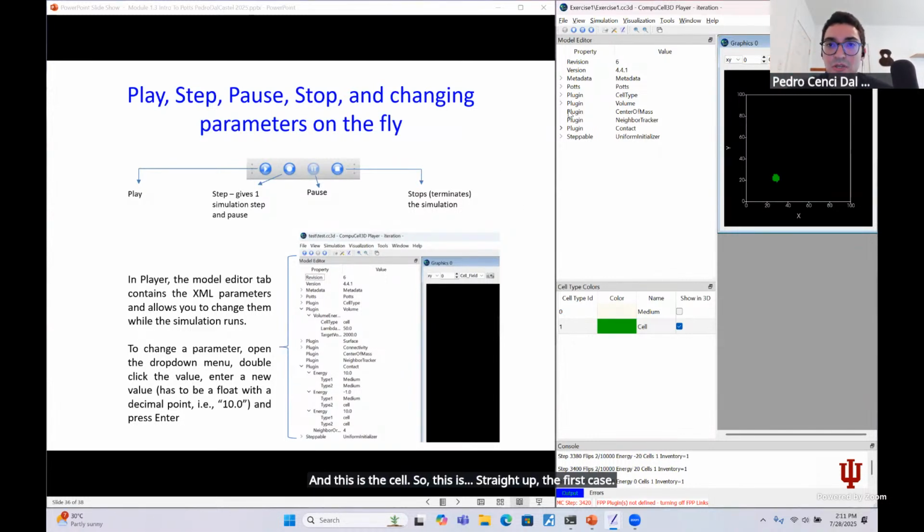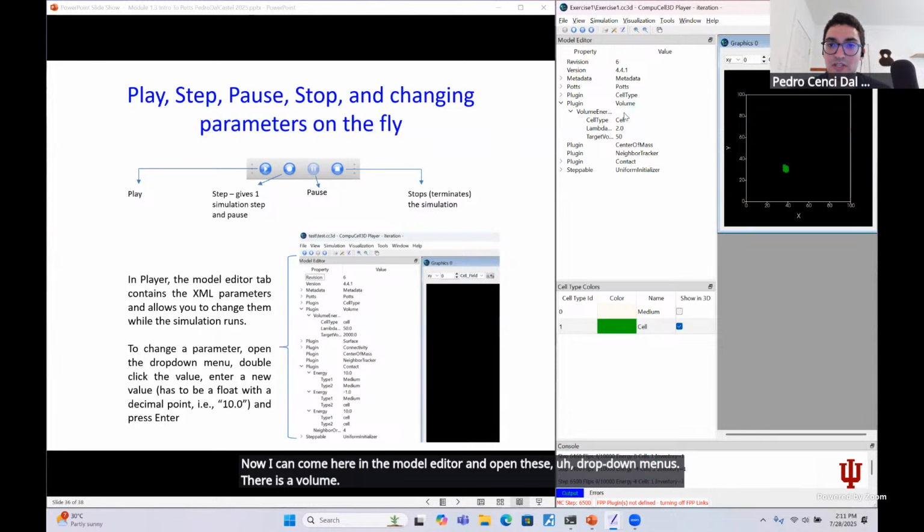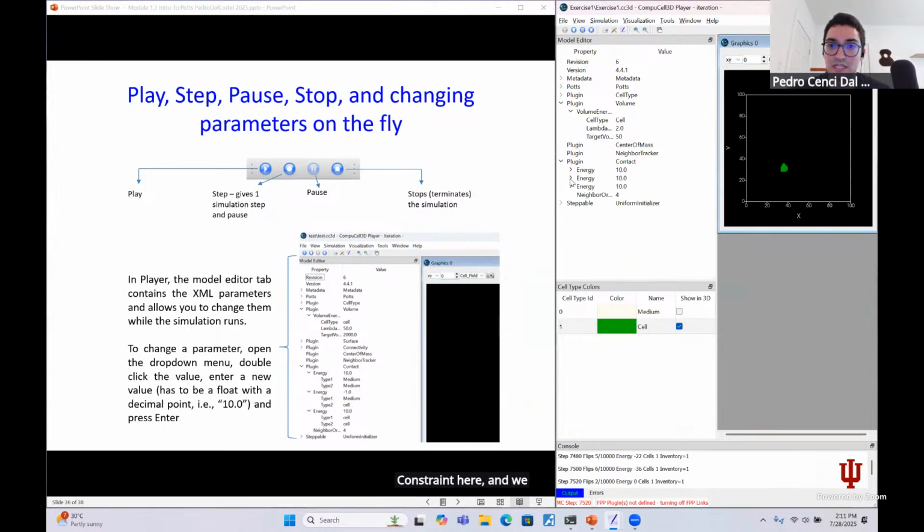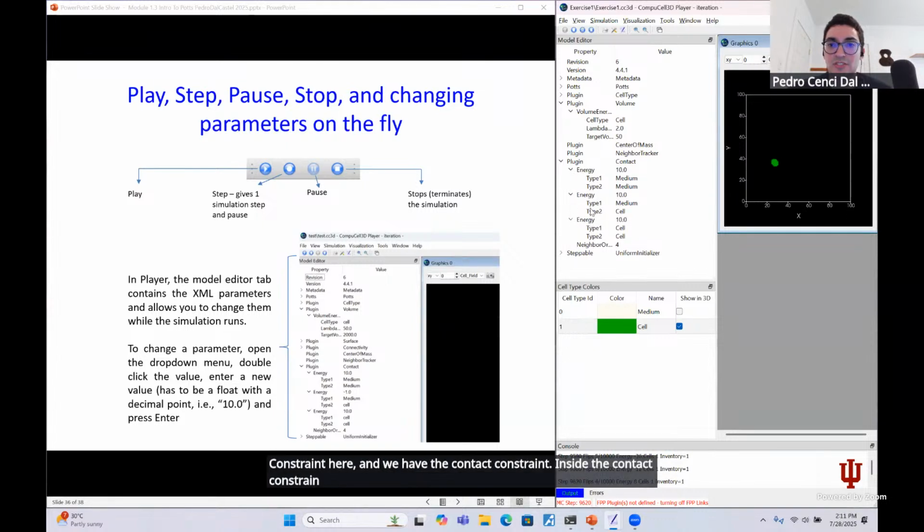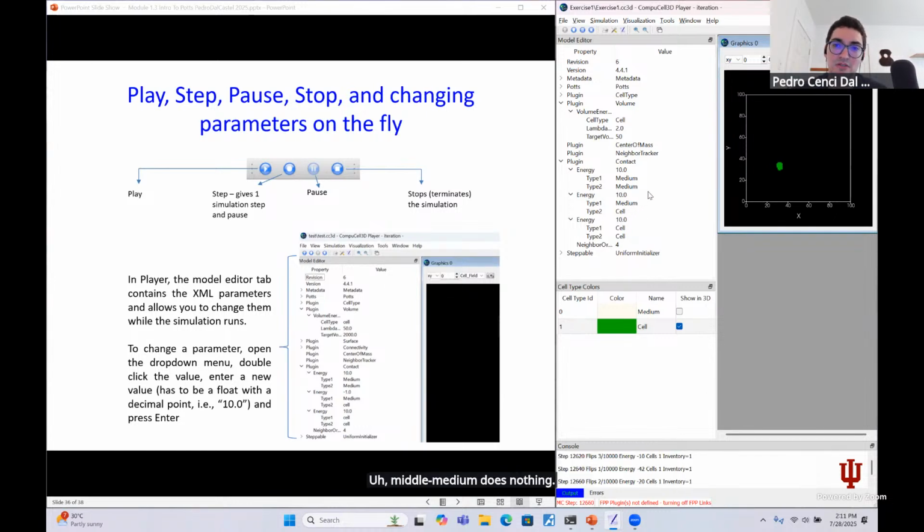Now I can come here in the model editor and open these drop-down menus. There is a volume constraint here, and we have the contact constraint. Inside the contact constraint, we have all the combinations here: medium, medium; medium, cell; cell, cell. Medium, medium does nothing because there is only one medium cell. Cell, cell doesn't do anything either because we have just one cell.